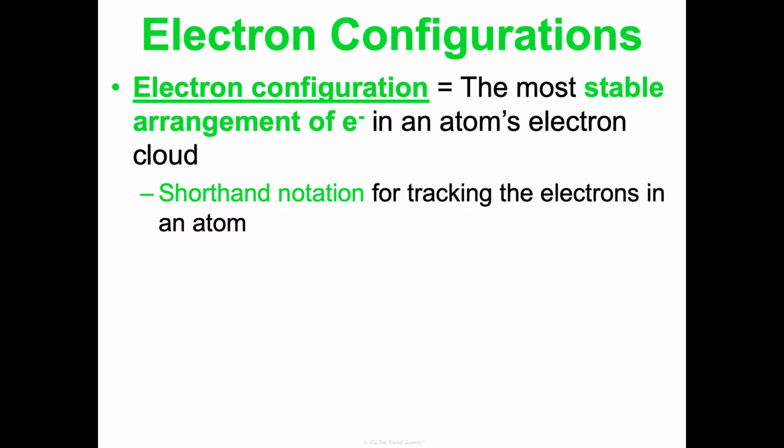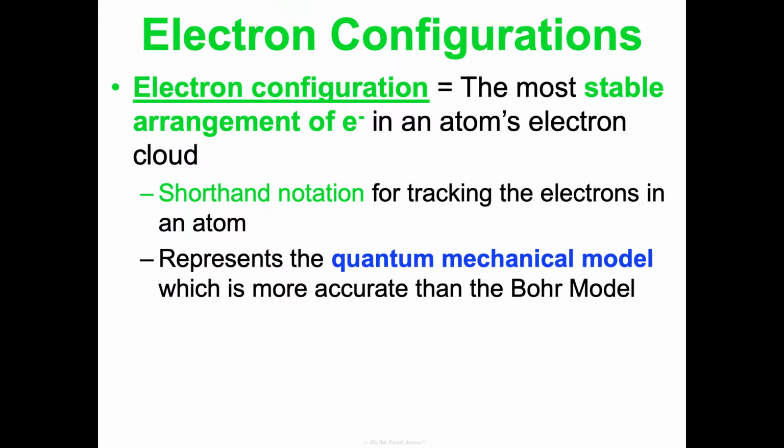And the reason why this electron configuration notation is helpful is because it represents the quantum mechanical model, which is more accurate than the Bohr model. We said that at the start of Concept 1 notes. The Bohr model shows electrons in these fixed orbits, which just isn't accurate. The quantum mechanical model, or that electron cloud model that we looked at, is showing the electrons actually in their constant motion.